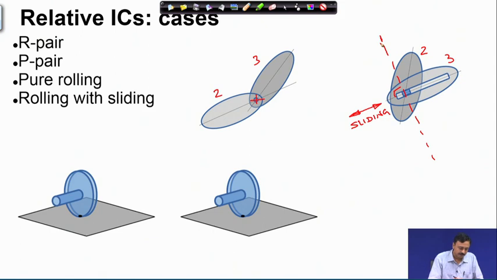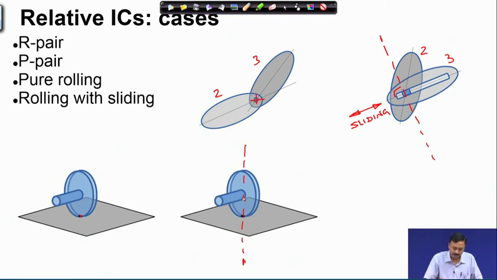In the case of a purely rolling disk, as you know, the velocity at the point of contact is 0 for the pure rolling case. Therefore, this is the relative IC between the ground and the wheel. In the case of rolling with sliding, we cannot exactly locate it, but it must lie on this line.